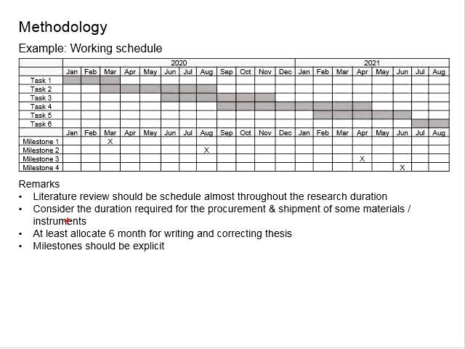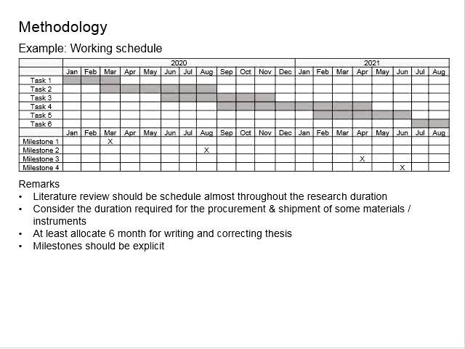Also, you need to consider the durations for the procurement and shipments of some materials or instruments. This normally takes time. The procurement requires time, as you need to go through the process of applications through your institutions, justifying the needs, asking for quotations, placing the order, and waiting for the shipments until you receive those materials or instruments.